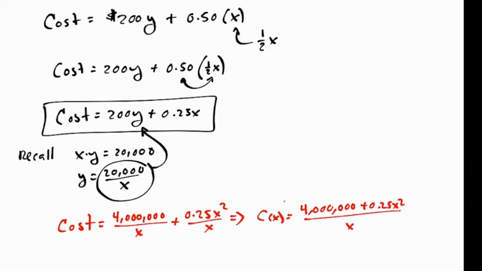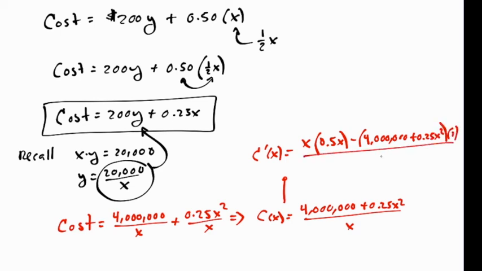And now when we take the derivative C prime of X, it is the bottom function times the derivative of the top function, minus the top function times the derivative of the bottom function, all over the bottom function squared.